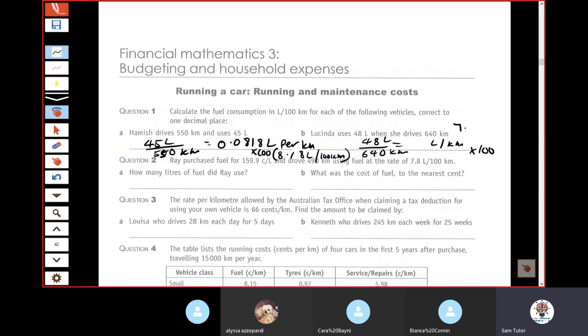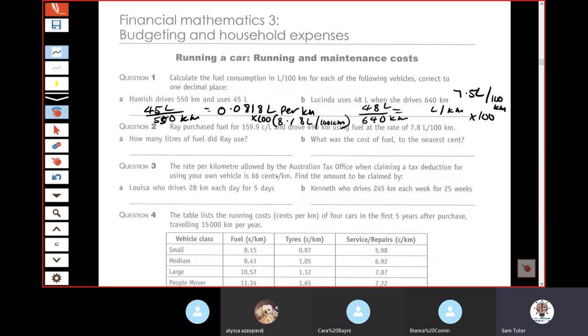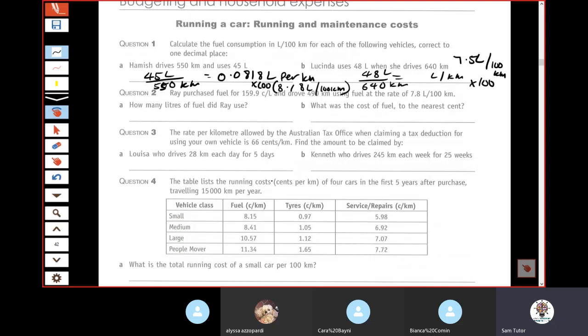Your answer should become 7.5 liters per 100 kilometers when you do this one as well. That's question 2.